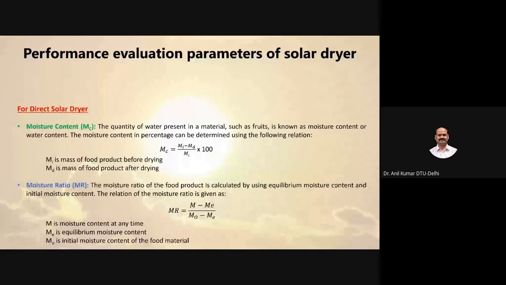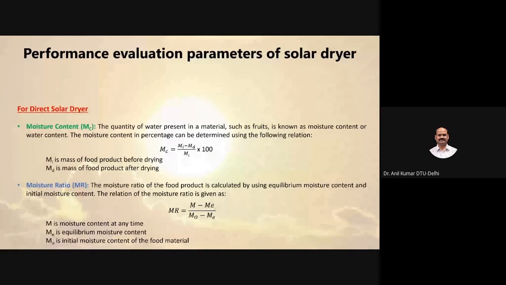Fine. So in most research, to make the analysis easy, they generally consider the equilibrium moisture content, whose value is very low compared to the initial moisture content, to be negligible, that is, zero.